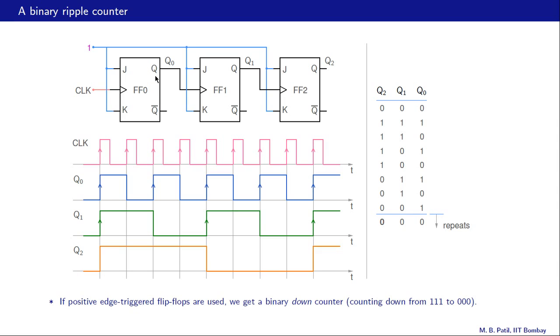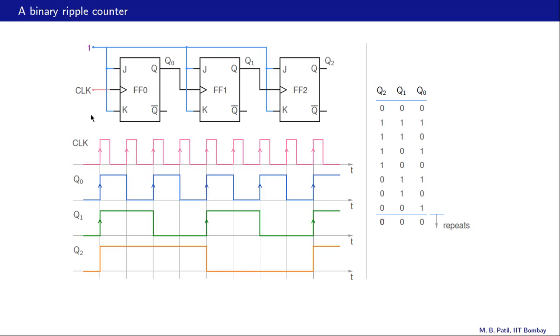The output of the first flip-flop is connected as the clock of the second one, and the output of the second flip-flop is connected as the clock of the third one. The only difference between this circuit and the previous circuit is that these flip-flops are positive edge triggered, and as we will see, that makes a big difference in the functionality of this counter.